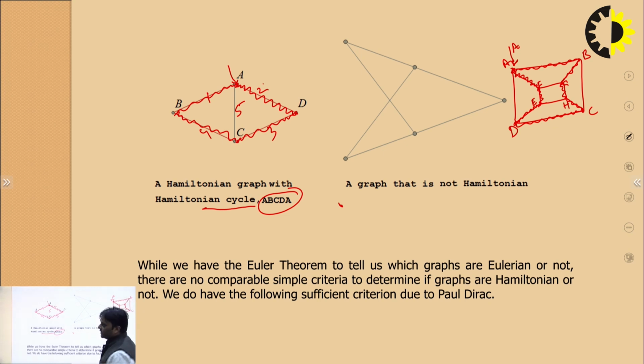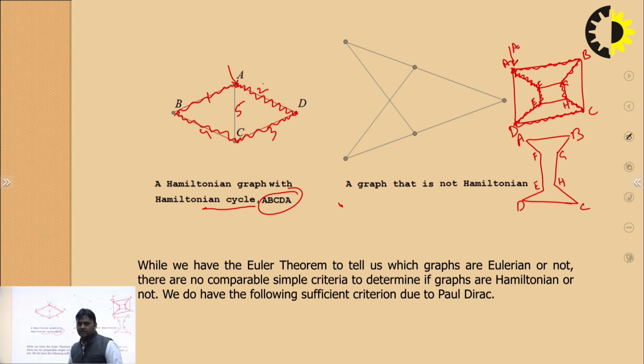Here the start and end vertex are the same. Then we obtain a graph like this, in which all the vertices A, B, C, D, E, F, G, H are traversed.